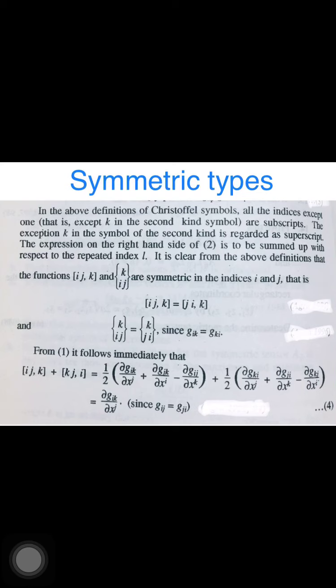How can we see this? It is very easy. [ij, k] and [ji, k] can be written by the definition again, and you find both are equal.